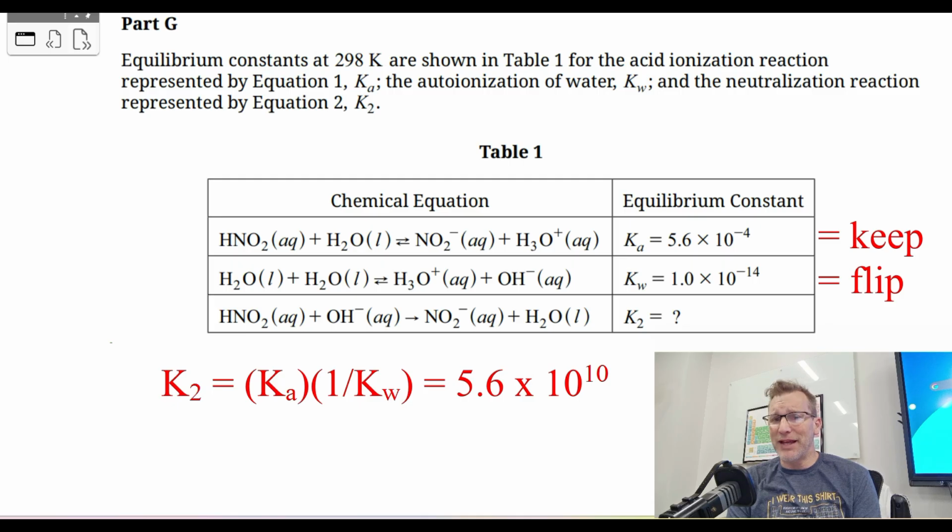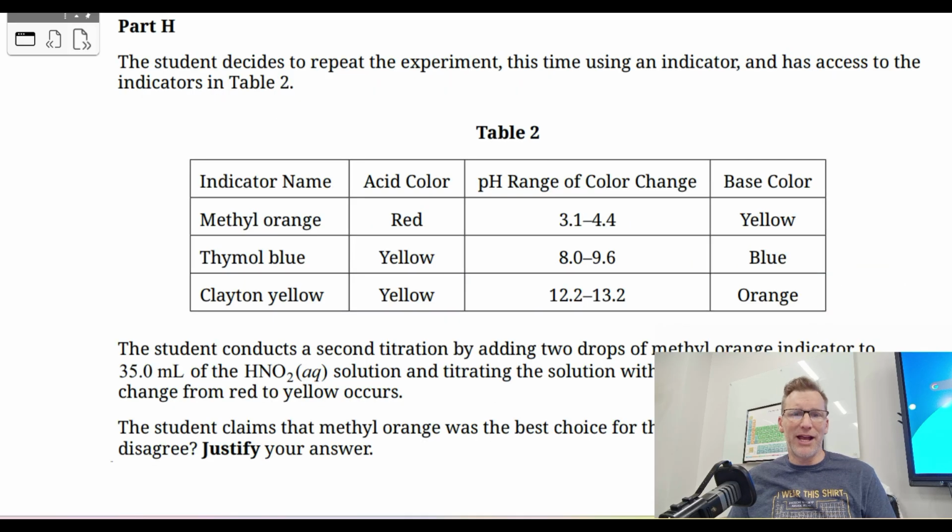So we have to flip that Kw. And when you flip a reaction in Ks, it's doing the reciprocal. When you add reactions together, you're multiplying. So the K2 is equal to Ka times 1 over the Kw. And I got 5.6 times 10 to the 10th, a very, very favorable reaction.